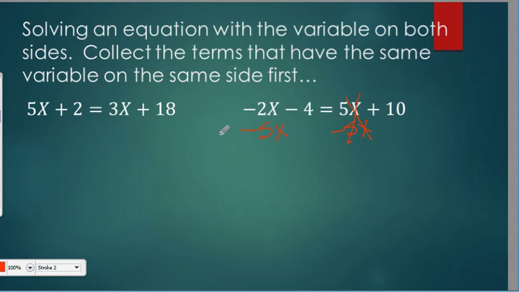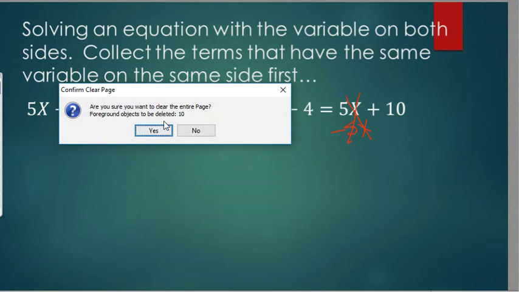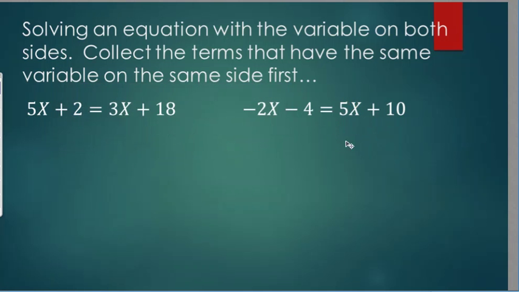Okay? It doesn't matter what you choose. What does matter is that you always follow the properties of equality. Whatever you do on one side of the equation, you have to do the same thing on the other side to keep it equal.